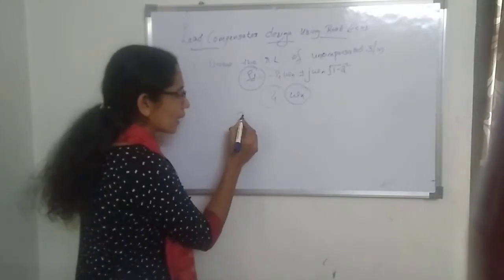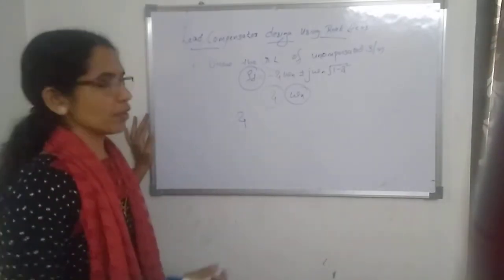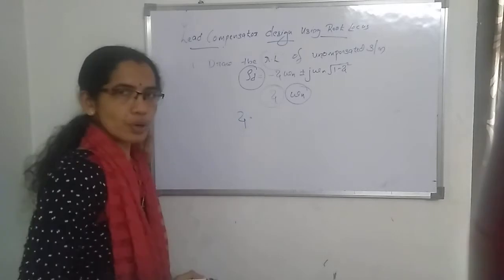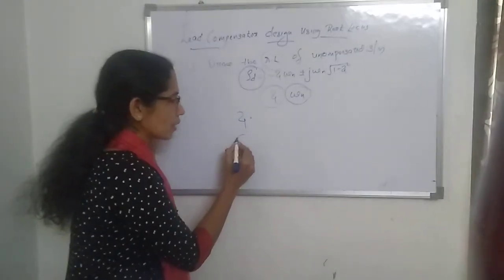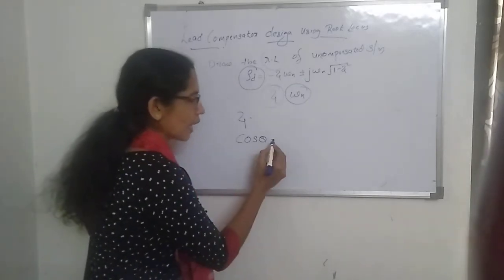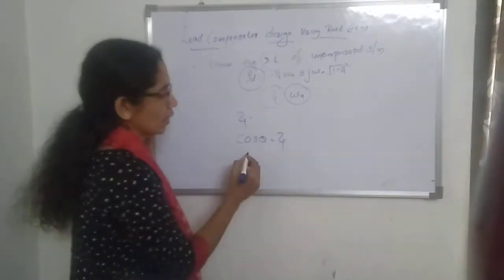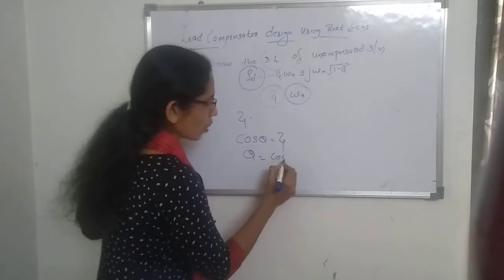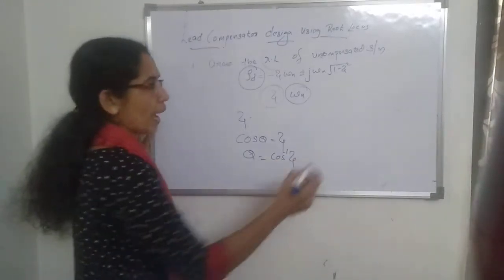If we know only the value of the damping ratio zeta, we can find the dominant pole SD in another way. We know that cos theta is equal to zeta, so theta is equal to cos inverse zeta.